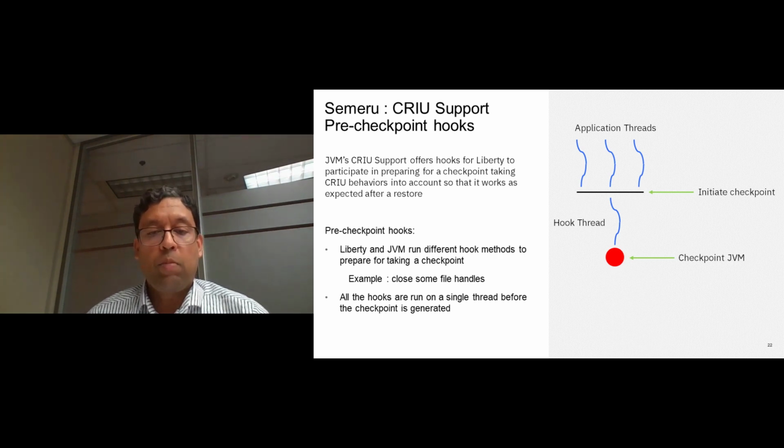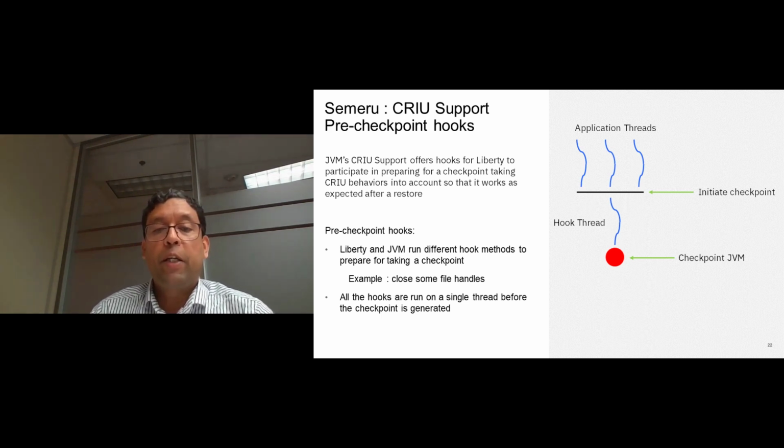So if you're about to take a checkpoint, that's an event, and you can register your hook methods to respond to that event. And when Liberty is about to request a checkpoint from CRIU, these hook methods can be run on demand, essentially, to prepare your Java application to be checkpointed. So this notion of pre-checkpoint hooks exists.